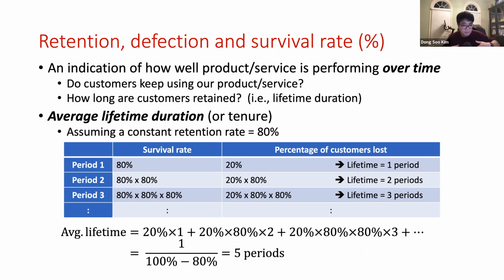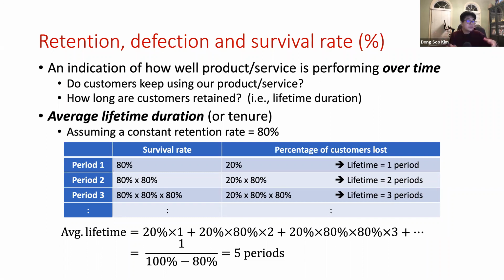Let's go to the next time period. One more period later, 80% of 80% of 80% of initially acquired customers are still alive in the same manner. And the rest, 20% of 80%, left during this period. Those customers who left in this period used the product or service for 3 time periods.